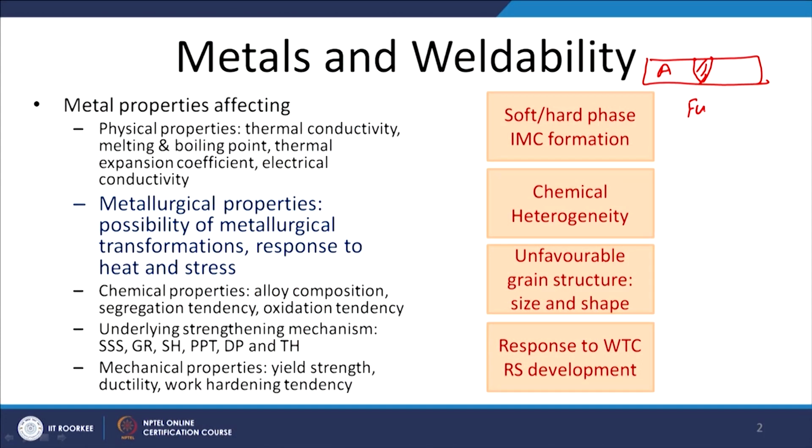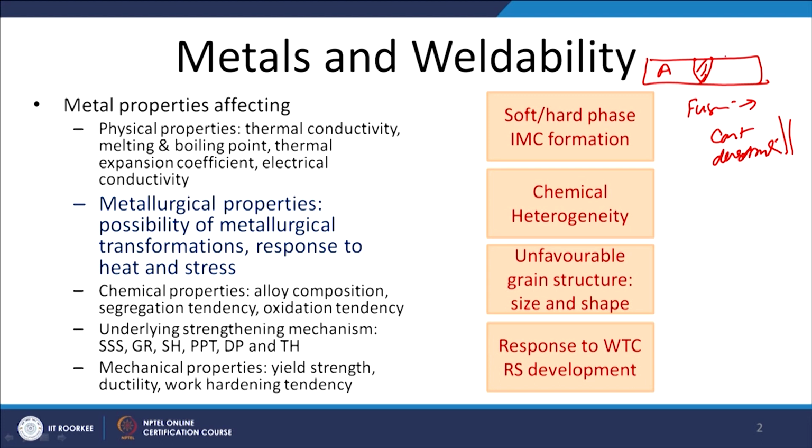So, if the fusion based approach is being used, then it will lead to the cast dendritic structure, and it will not have any effect of any other strengthening mechanism which was used for developing the required strength in a given metal system.